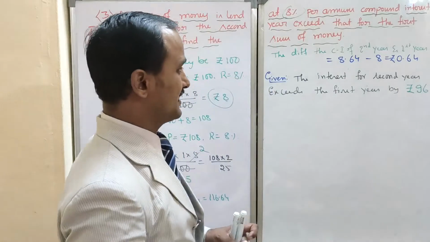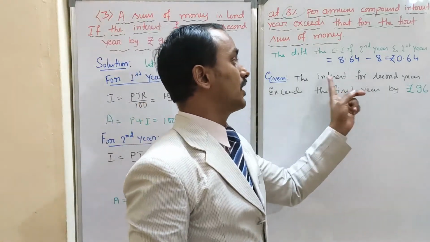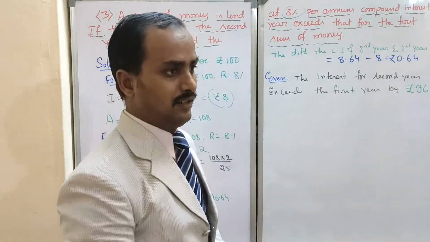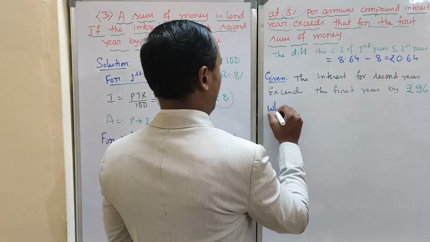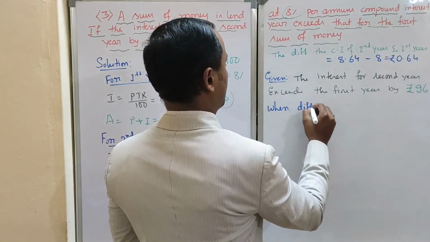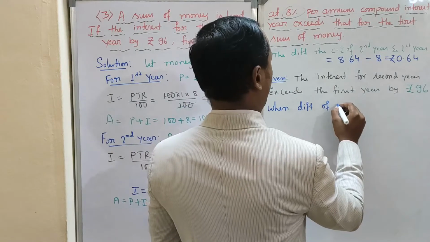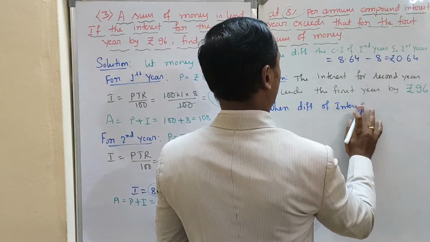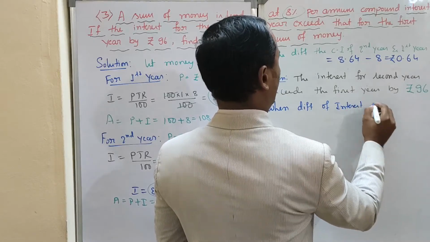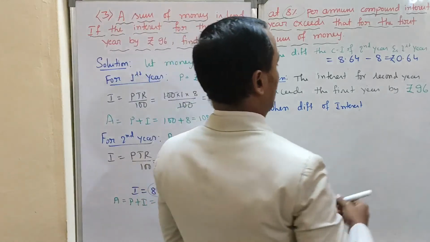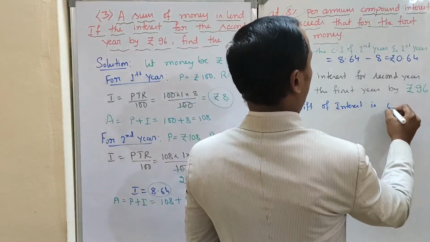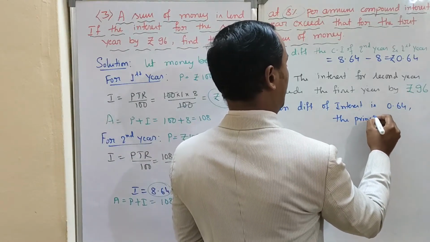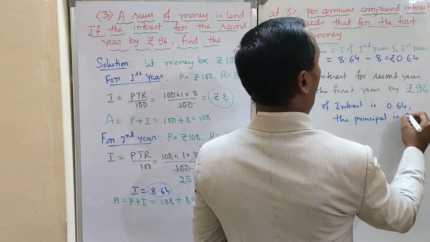This one, already the difference is there. Given that the interest for the second year exceeds the first year by rupees 96. When the difference of interest is 0.64, the principal is 100 rupees.